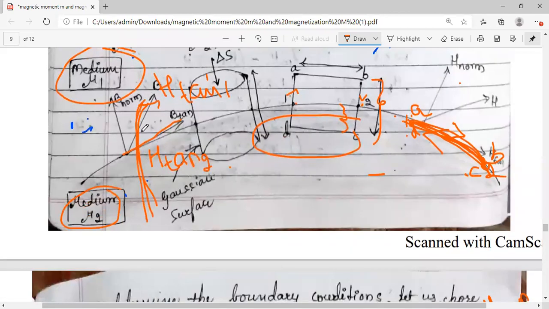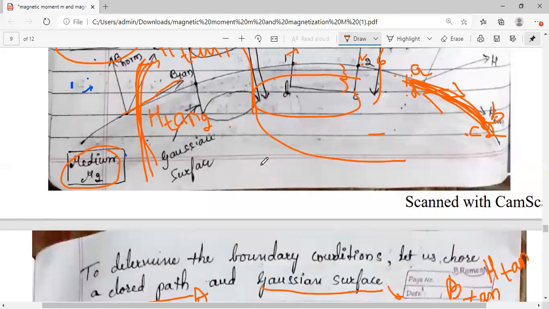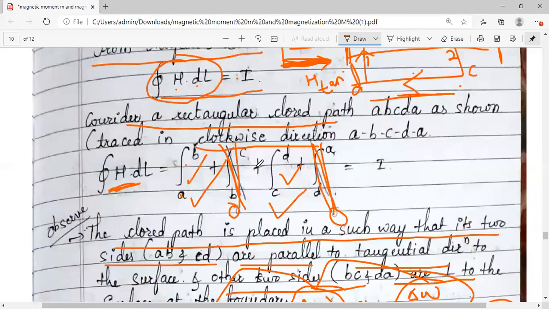There is some breakage. H tan 1 and tan 2 being the same means the value does not change when the medium changes. Then very smoothly it will flow. But it is not equal to 0.